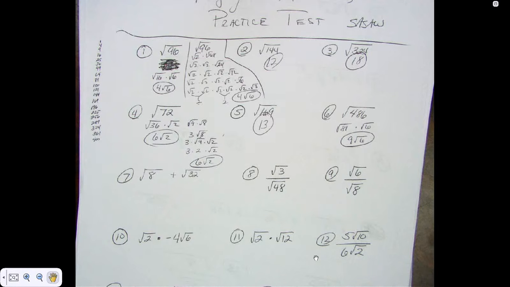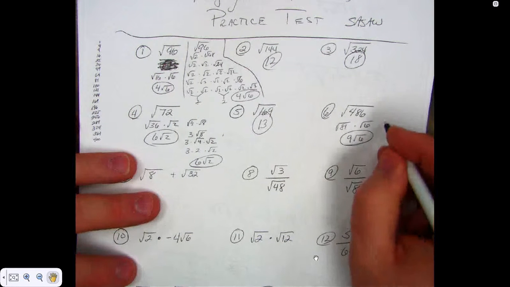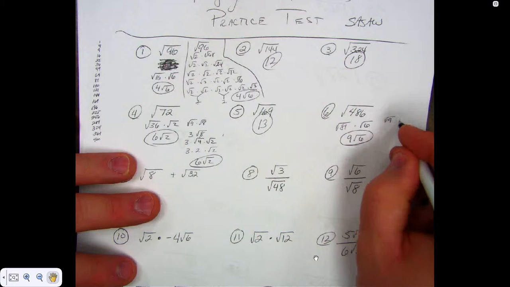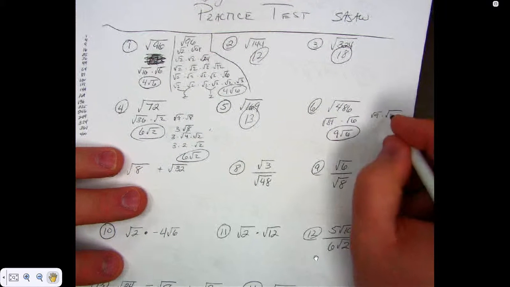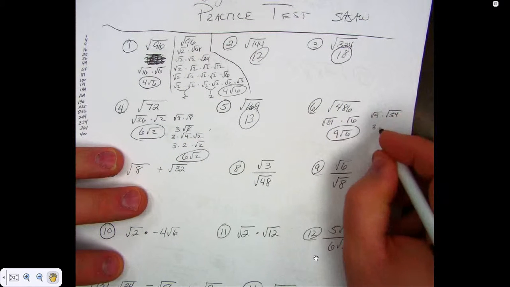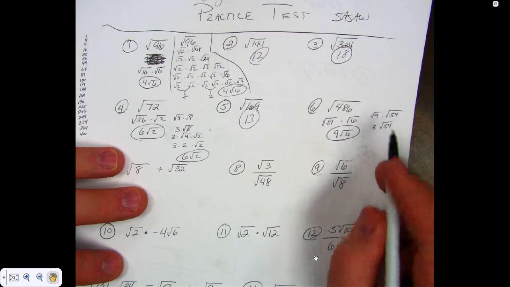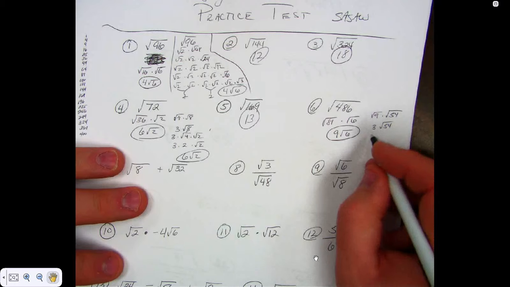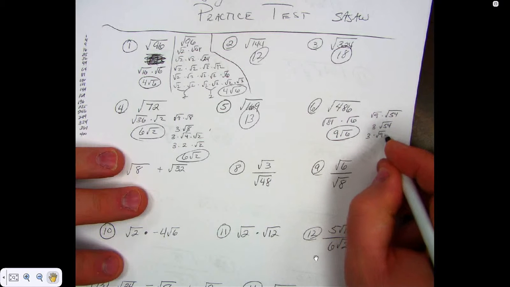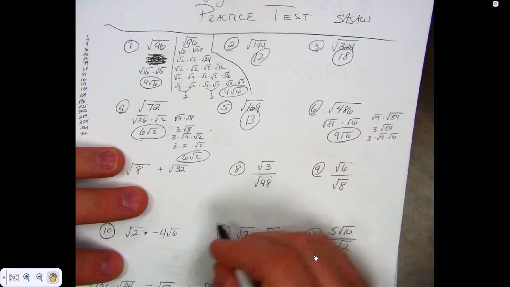On number 6, I had actually divided it by 9 instead of... Okay, so you got square root of 9 times square root of what? 54. So you got 3 square roots of 54? But you've got to look at that 54. 9 will go into that again, won't it? So it's 3 times square root of 9 times square root of 6.